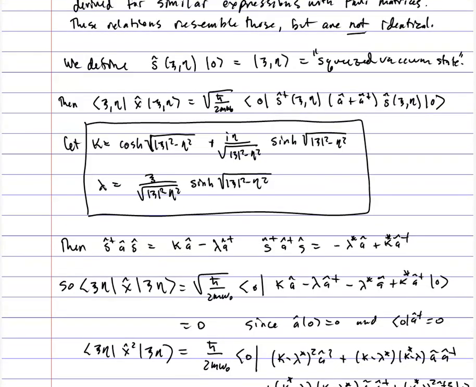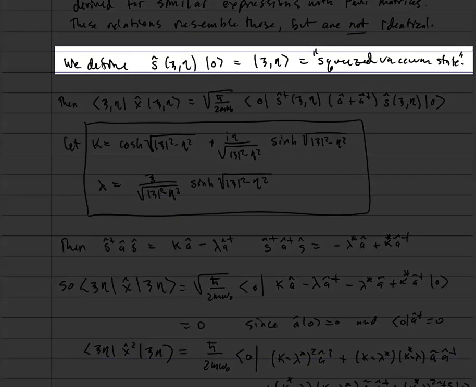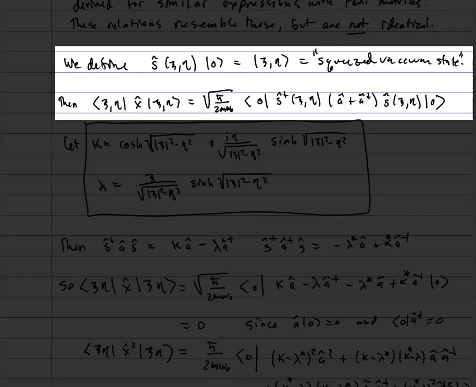Now, we're going to look at the operator S of c and eta acting on the ground state. We're going to call that the state c comma eta, and that has a generic name called the squeezed vacuum state. We can now look at expectation values of the position and momentum operators within that squeezed vacuum state. We're also going to look at expectation values of the squares of position and momentum.